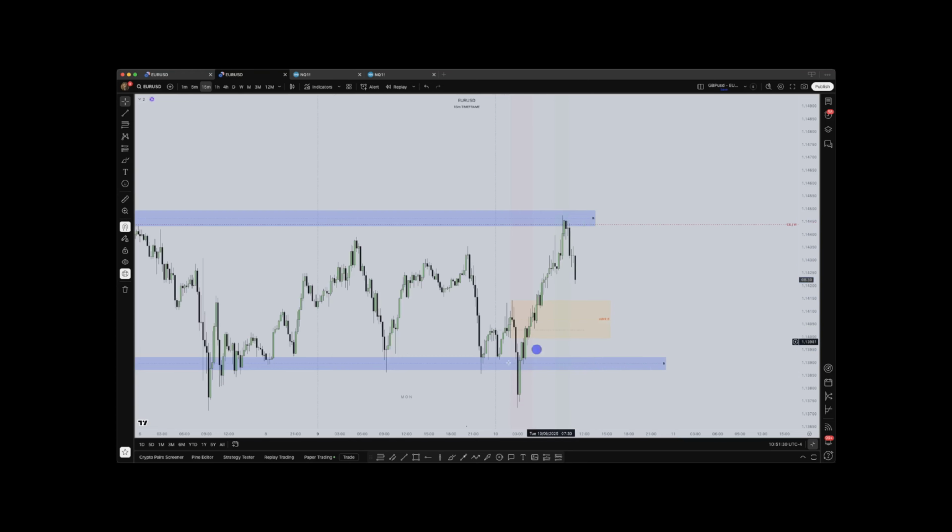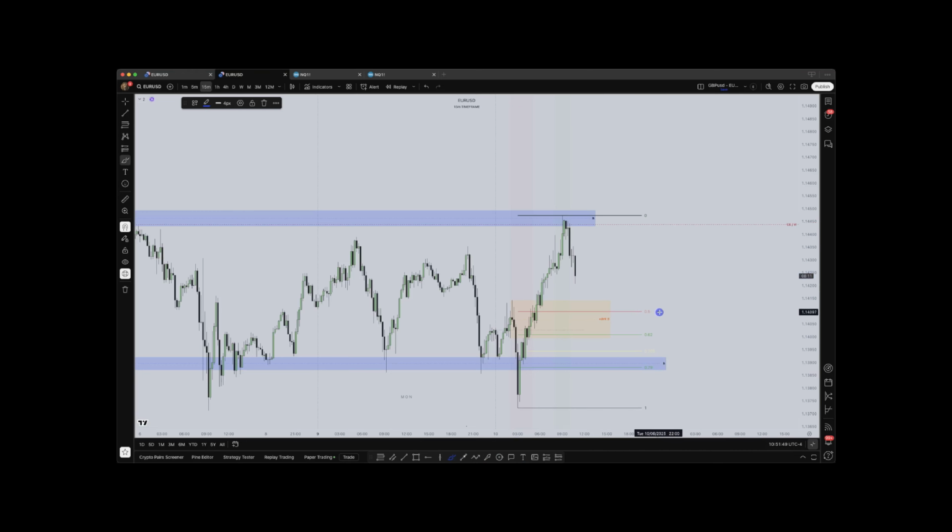Also, you can apply your Fibonacci if you want to be more precise and have more control of the situation, and see where the midpoint or the equilibrium point is. This is the equilibrium point, which is the 0.5 level.